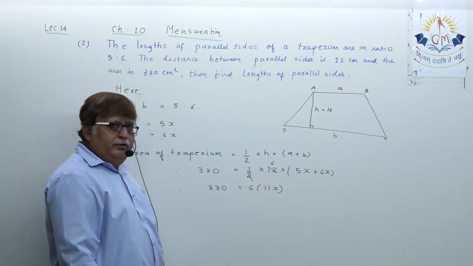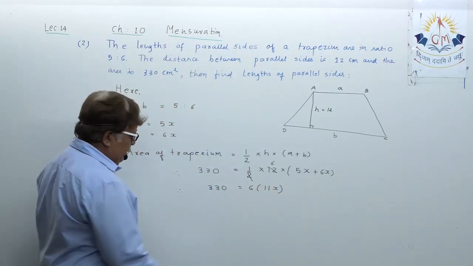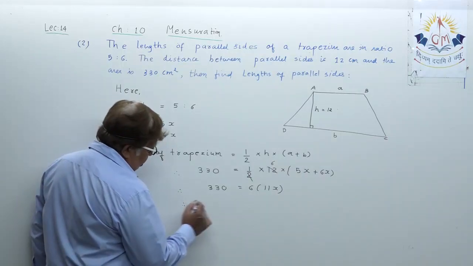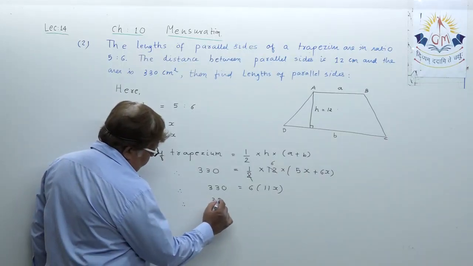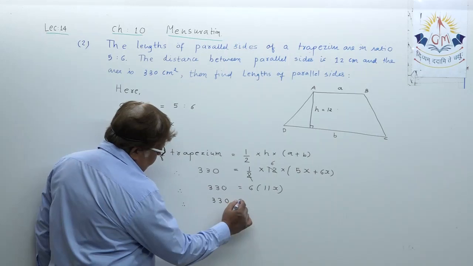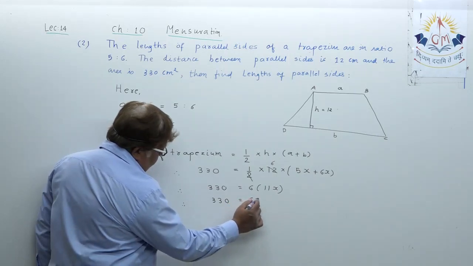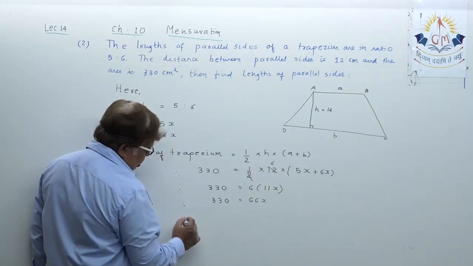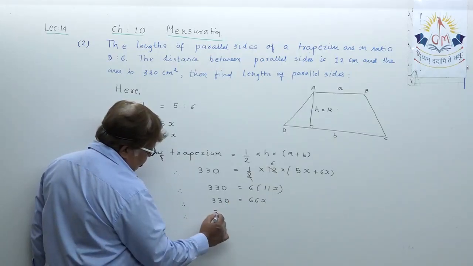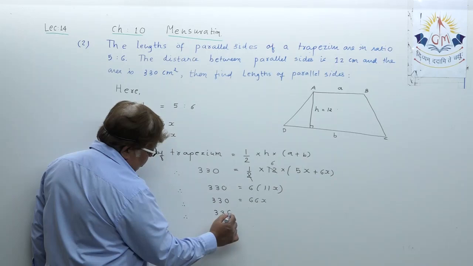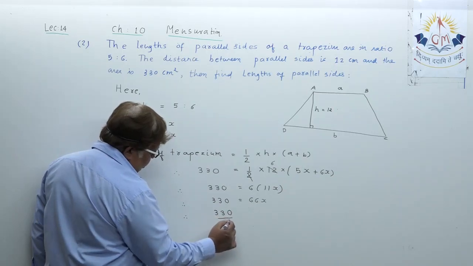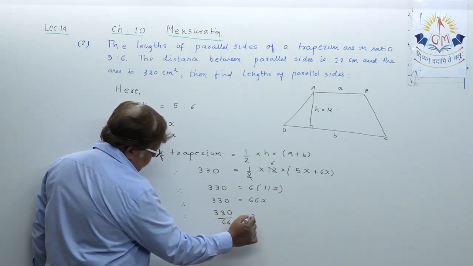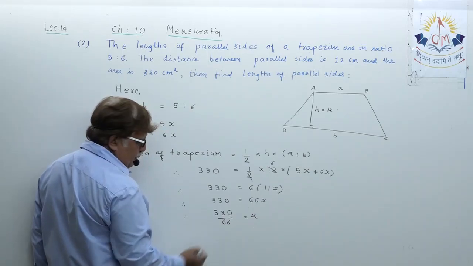You understood this? Then 330 equal to 66x. 66 to be transferred here. 330 upon 66 equal to x.